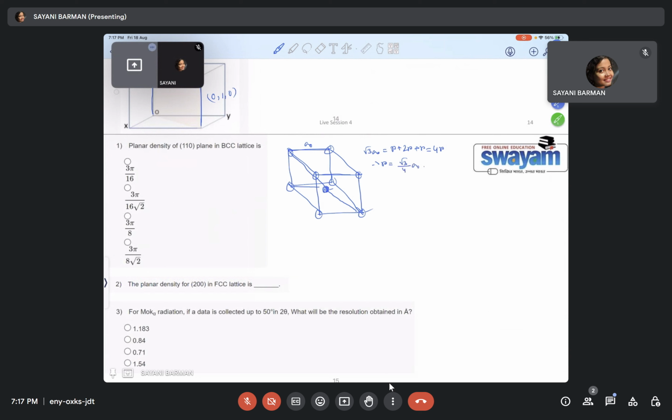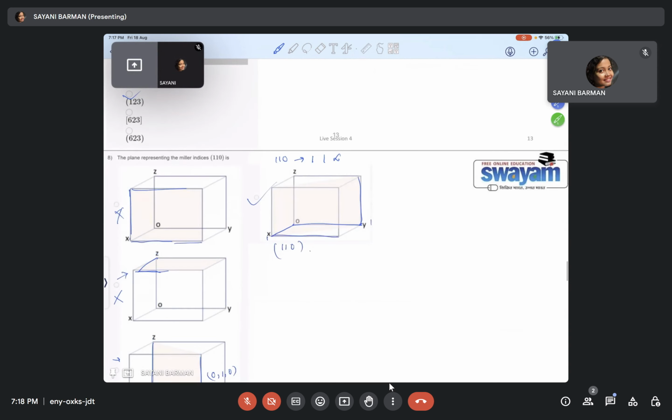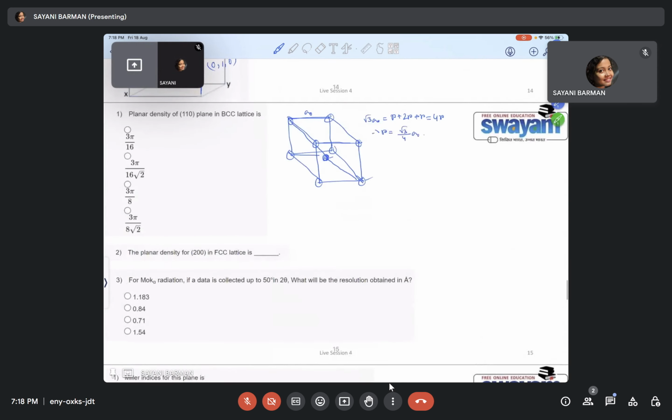Now for the 110 plane, just now we saw this is the 110 plane. So if this is the plane here, it contains the body diagonal. So the surface will look like this with 4 corners and one at the center.